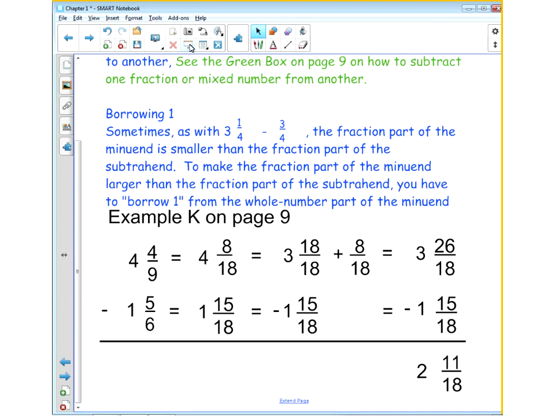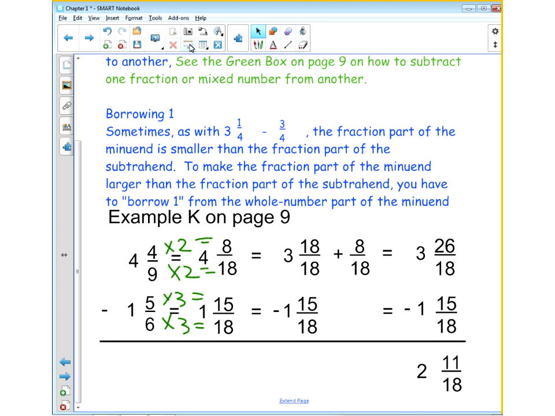So then we've got 9 times 2 equals 18. So 4 times 2 equals 8. 6 times 3 equals 18. So 5 times 3 will then equal 15. So you've got 4 and 8/18 minus 1 and 15/18.